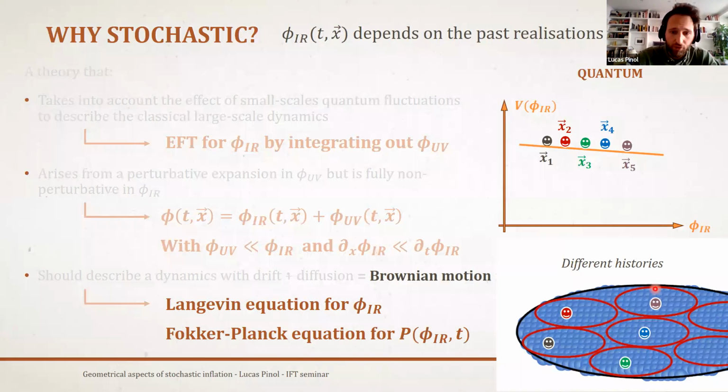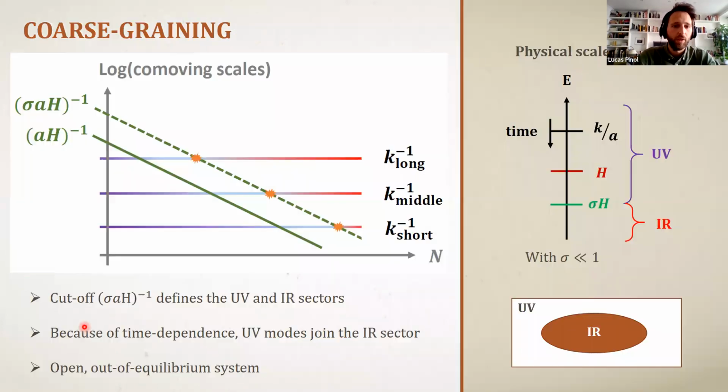So if you look at different patches of the universe with very large distances between them, you will find that there are different amplitudes of these large scale fluctuations. And since this amplitude is stochastic, what we should expect to see is some kind of Brownian motion for our infrared sector. And the tools to describe those stochastic processes are mainly the Langevin equation and the Fokker-Planck equation that we will both encounter in the following.